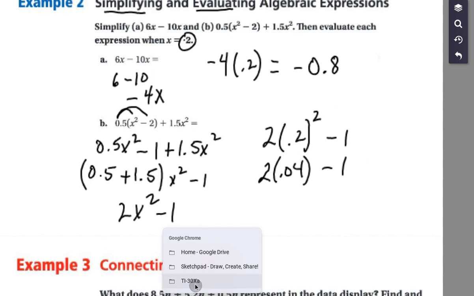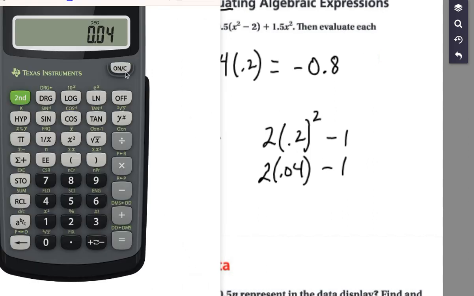So we'll take our calculator and we'll go 2 times 0.04 equals, let's redo that.